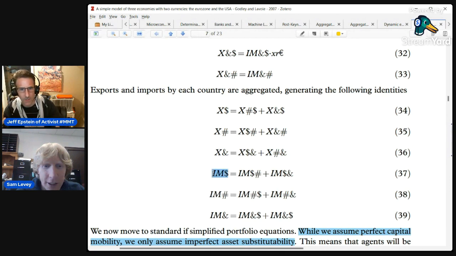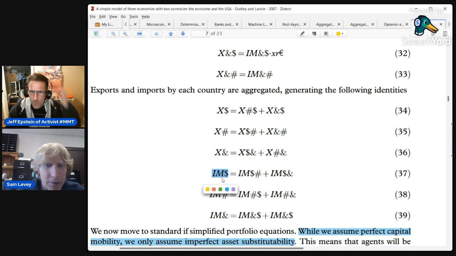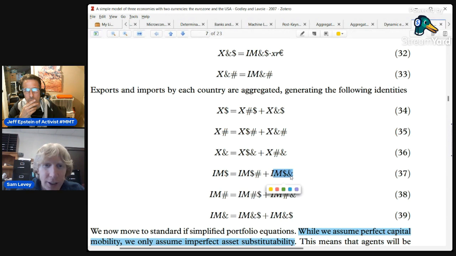And I'm here saying, you are standing in the United States in 37. Okay. So this here is total US imports. And we're saying it came from, some of it, US imported some stuff from the hashtag country. And the US imported some stuff from the ampersand country. All right. I understand that.